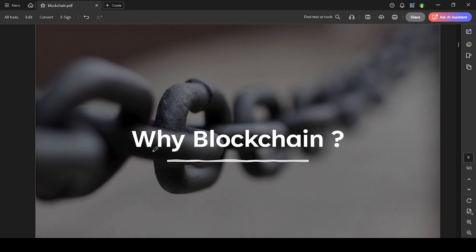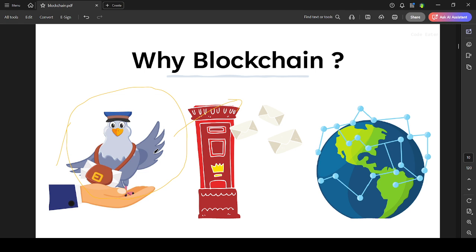So again we have the topic of why study blockchain, why we need a blockchain ecosystem. Let's take an example of a communication system. At the time when kings used pigeons as an intermediary for communicating between two parties.